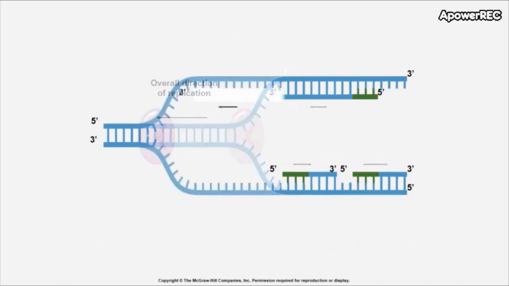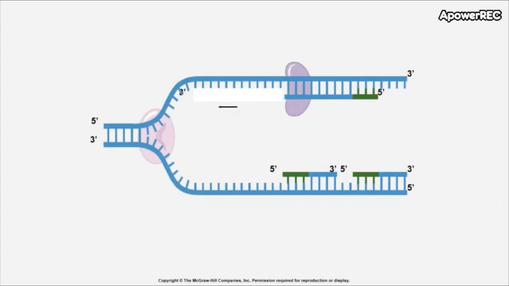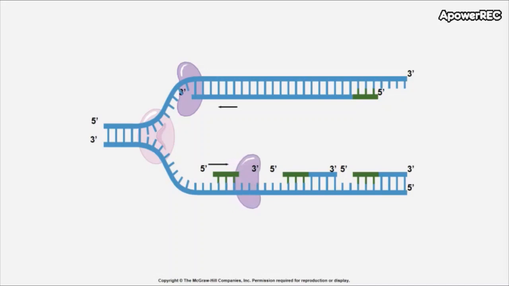And there we go. This process continues with a complete strand on the top and fragments that are formed on the bottom. And here we go with the DNA polymerase 3, forming another fragment.